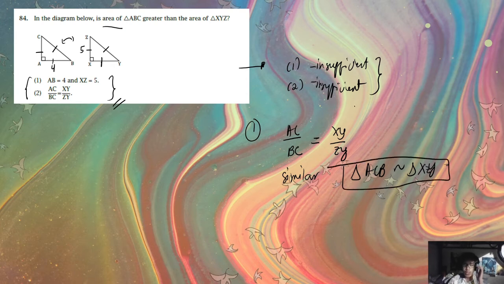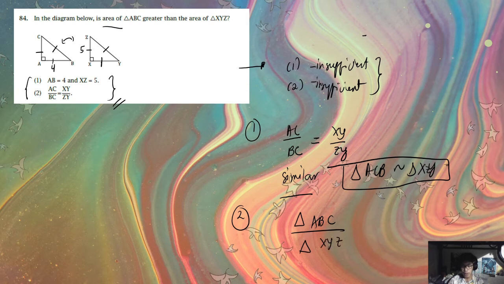Now, since we know that these two triangles are similar, the second statement we could say about them is that their areas should be proportional to each other. We can say that the area of triangle ABC should be proportional to the area of triangle XZY.